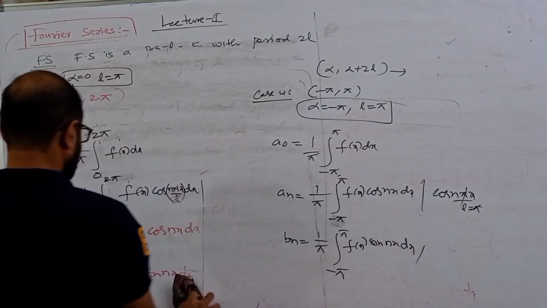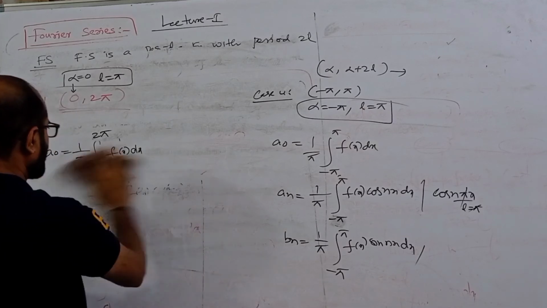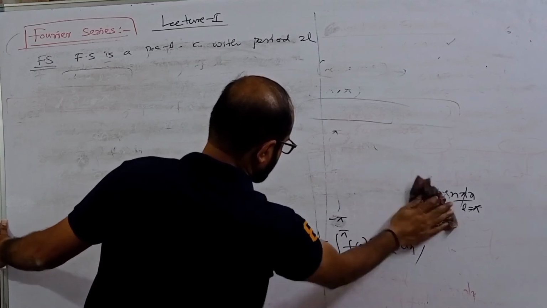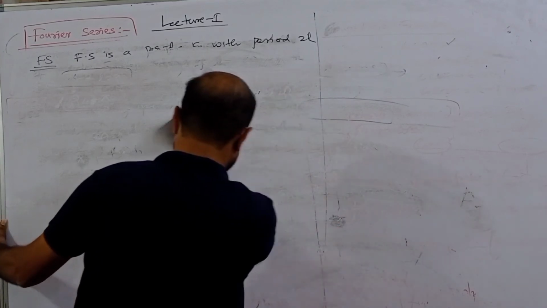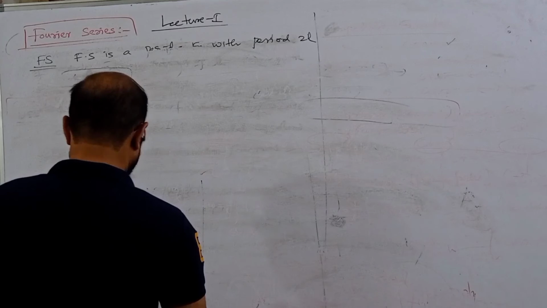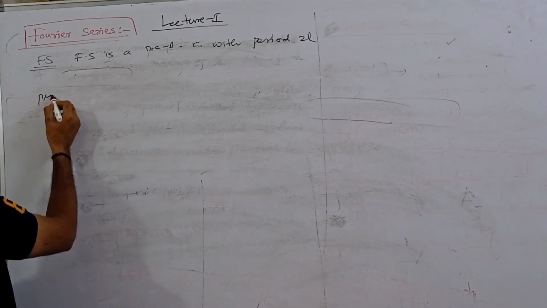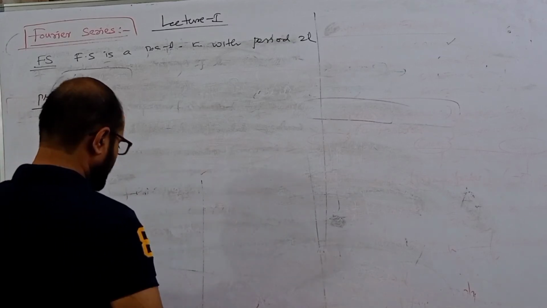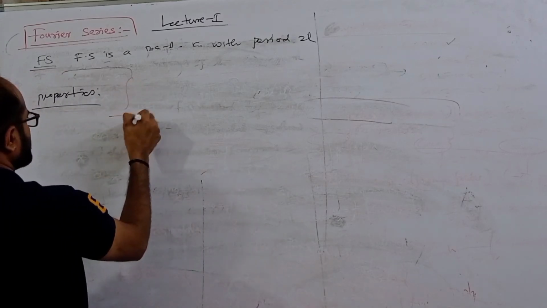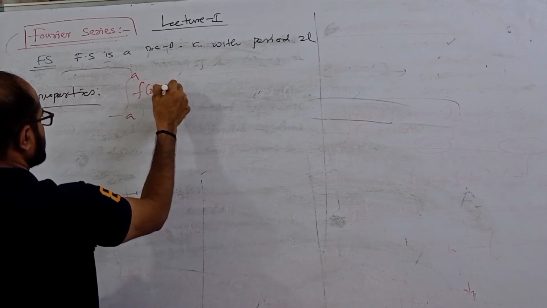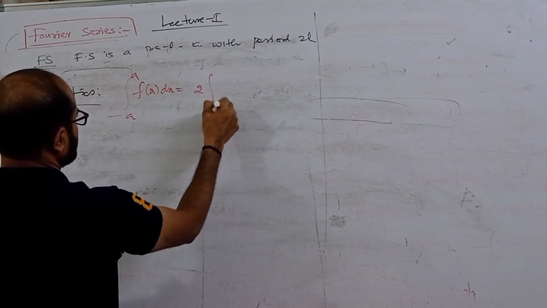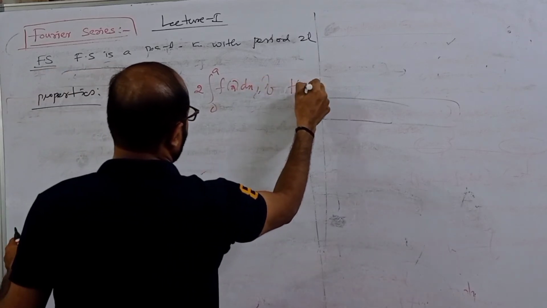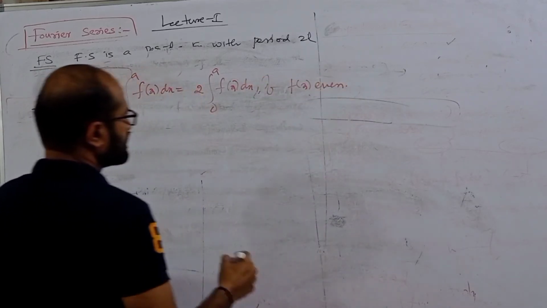Now we have the small properties for this Fourier series, right? So what are the properties? You know this from intermediate, we have a formula. If it is the integral from minus a to a of f of x dx, then you can write this is 2 times the integral from 0 to a of f of x dx if f of x is an even function, right?